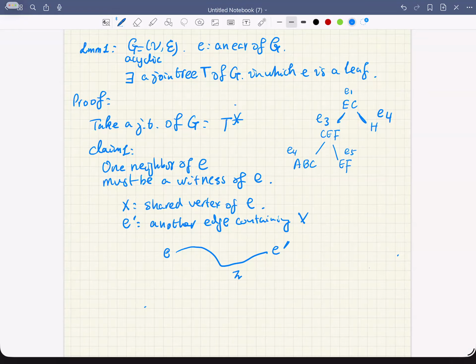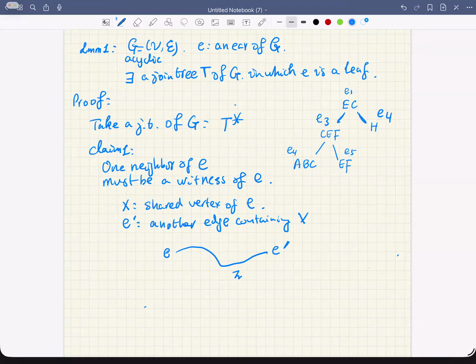Okay, very good. Now I'm going to proceed like this. X is in Y. X is in Y prime. By the connectedness property, X will have to be in all the nodes on this path. Otherwise, X will break your connectedness property.